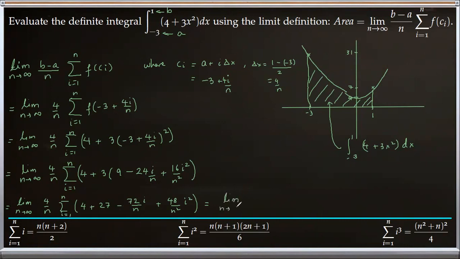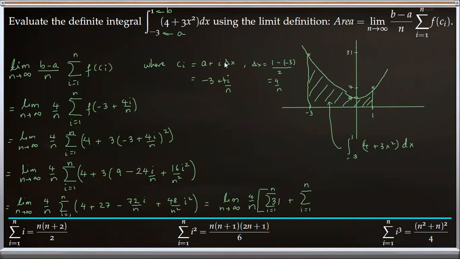So we get limit n goes to infinity, 4 by n, then we have sum i equals 1 to n of 4 plus sum i equals 1 to n. Actually, we could combine 4 and 27. I just saw that. So 4 plus 27 is 31. I'm going to put 31 over there. Plus, next one, we have a negative 72 by n i.